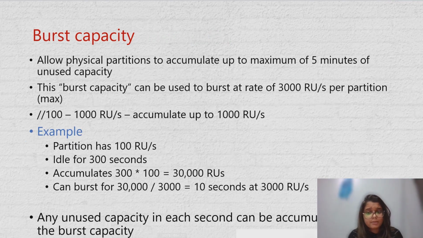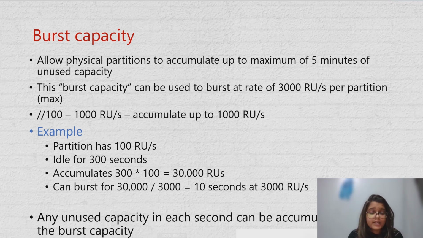So let's look into some of the details of burst capacity. It allows you to accumulate 5 minutes of unused capacity, which means that you can accumulate a maximum of 3000 RUs per second for the last 5 minutes. This is the maximum value that you can accumulate. So for example, let's say a partition has 100 RUs per second and it was idle for the last 5 minutes.